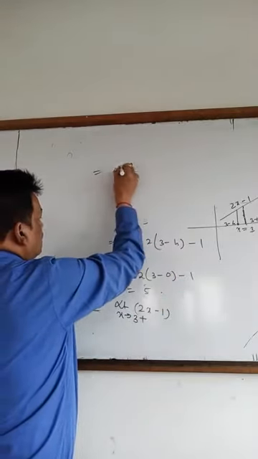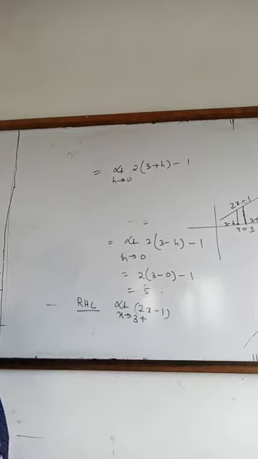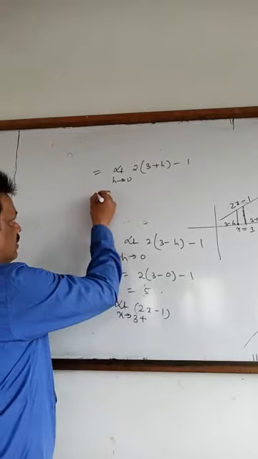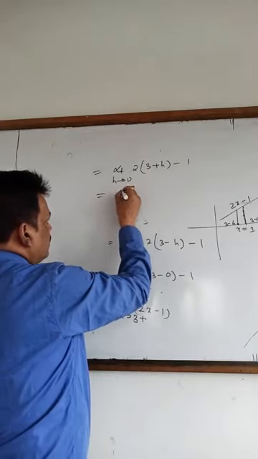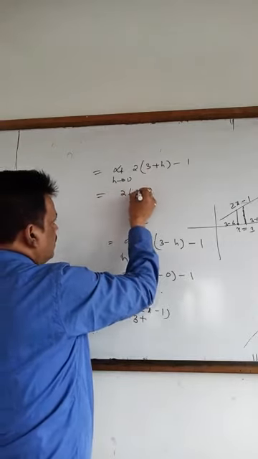That is limit h tends to 0 of 2 times 3 plus h minus 1. Okay. So now you put h equals 0. This is 2 into 3 plus 0 minus 1. That is 6 minus 1, again 5.